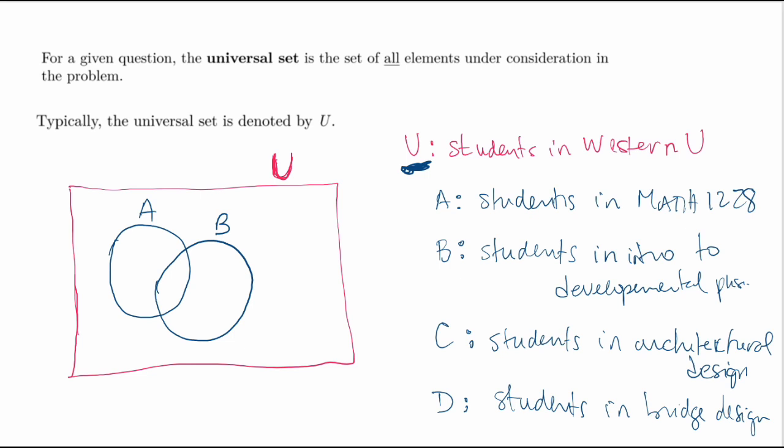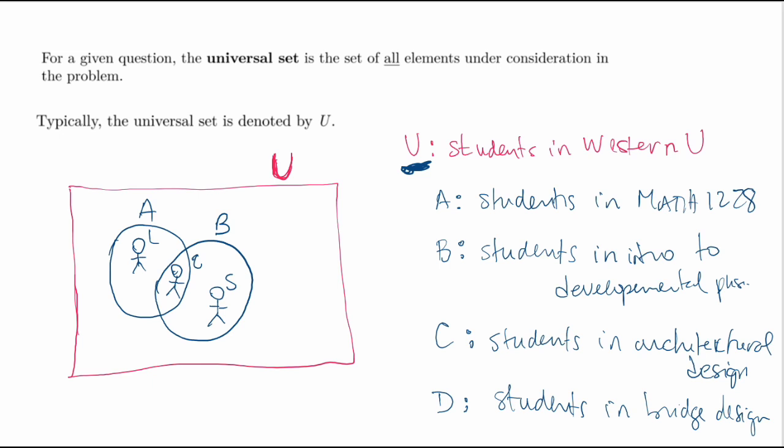Now, this representation is very, very useful because we can see that, let's say that Louisa is in Math 1228, and Simone is in developmental psychology. But there will be people that will be inside both groups. Let me say Colin.